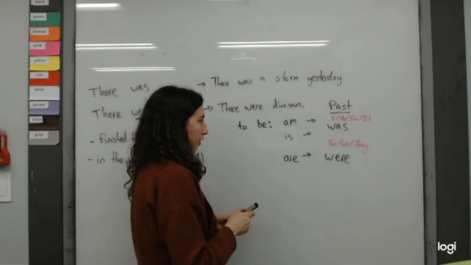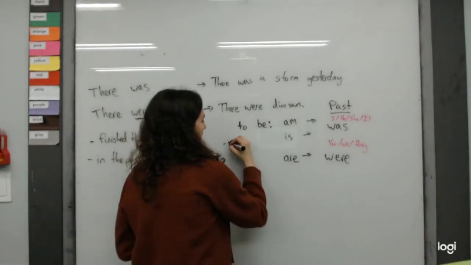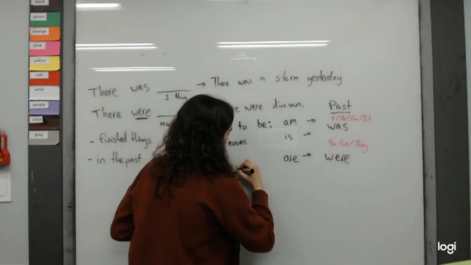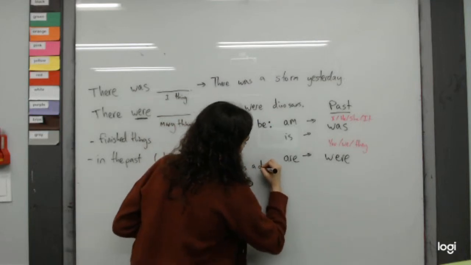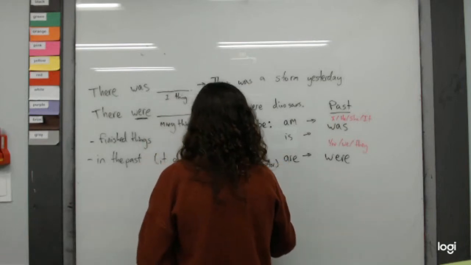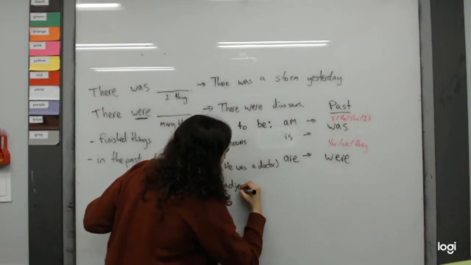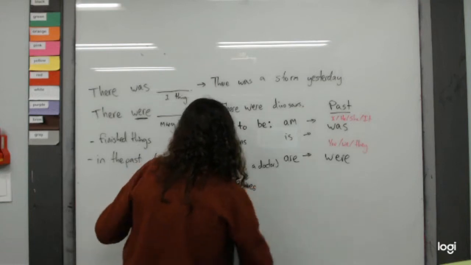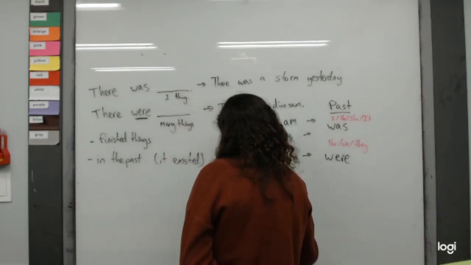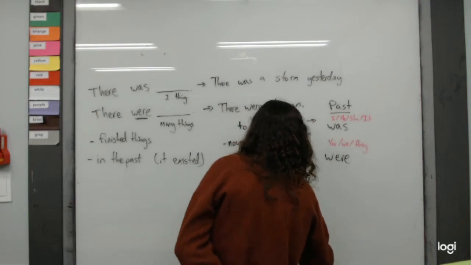So we use the verb to be with nouns. He was a doctor. And adjectives. Dinosaurs were big.